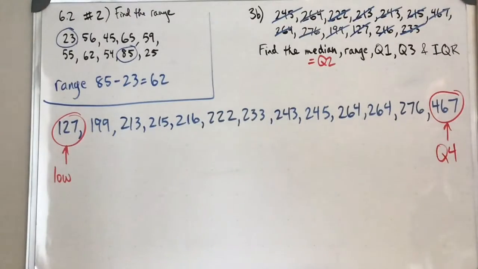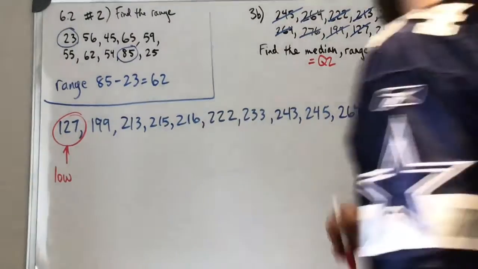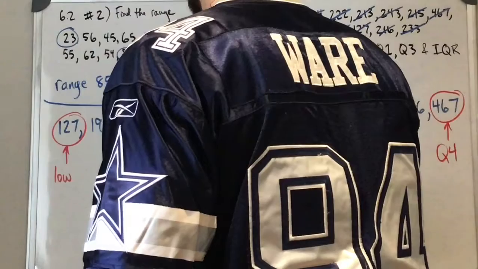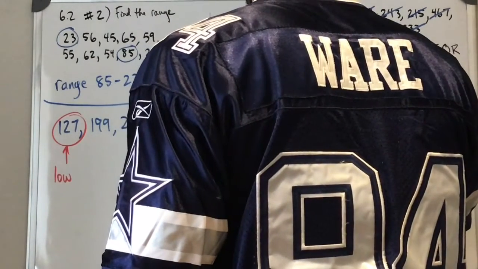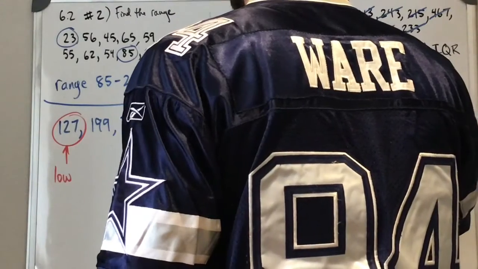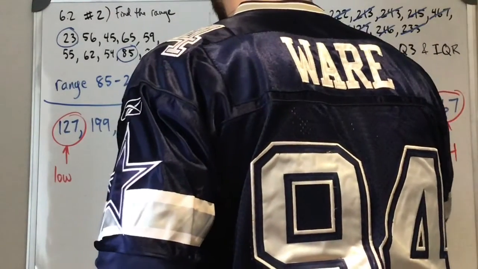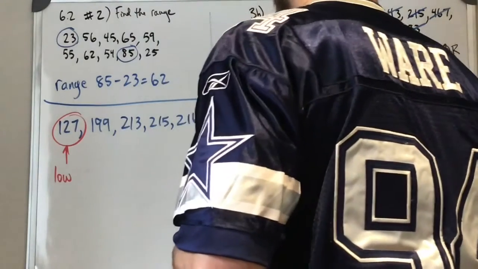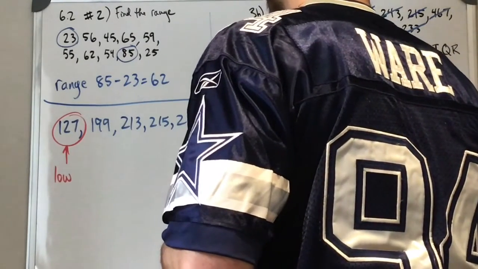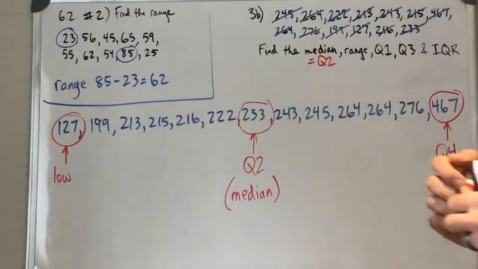So in order for us to find that middle value, out of 13 we got 1. Our median would be right here.